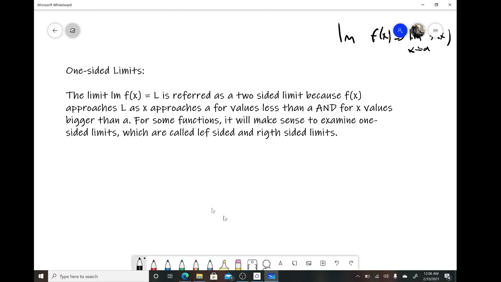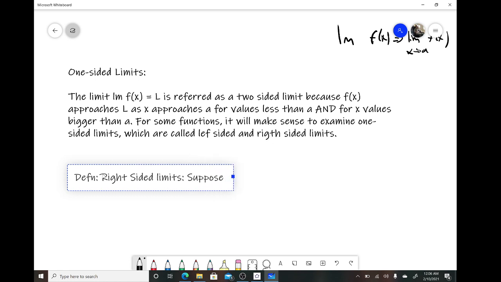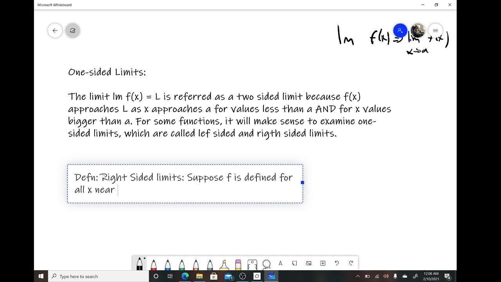All right. So let me give you a definition for this too. So first of all, let's start with right-sided limits. Okay, so suppose f is defined for all x near a with x being greater than a, not necessarily positive, but x being greater than a.